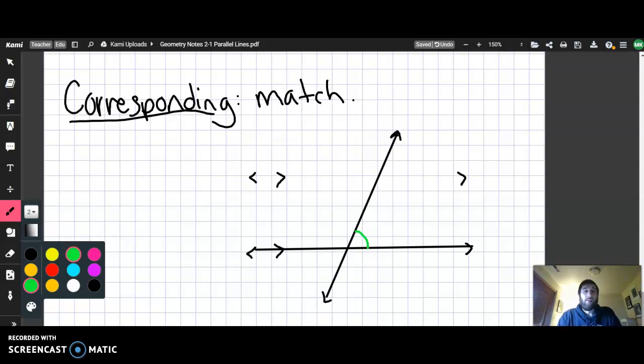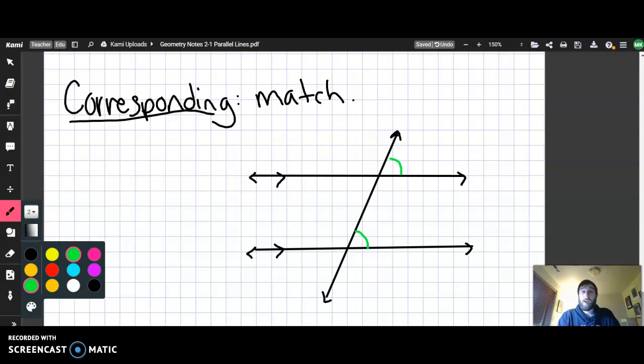If I think about its matching angle, and I replace that line I erased a second ago, the matching spot's also in the top right-hand corner. There's its corresponding angle. They're both in the top right-hand corner, so they match.